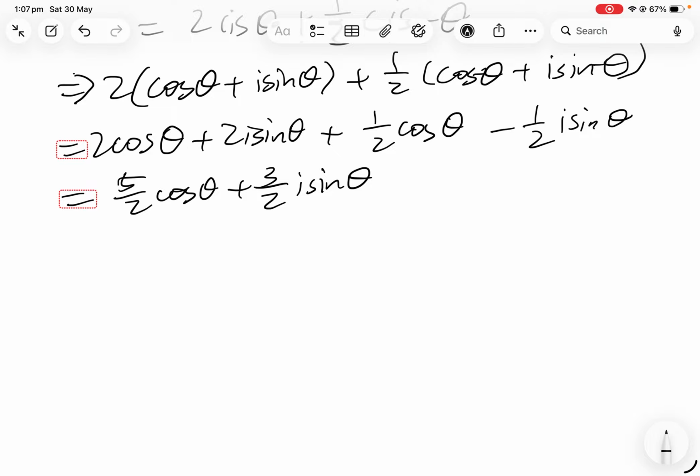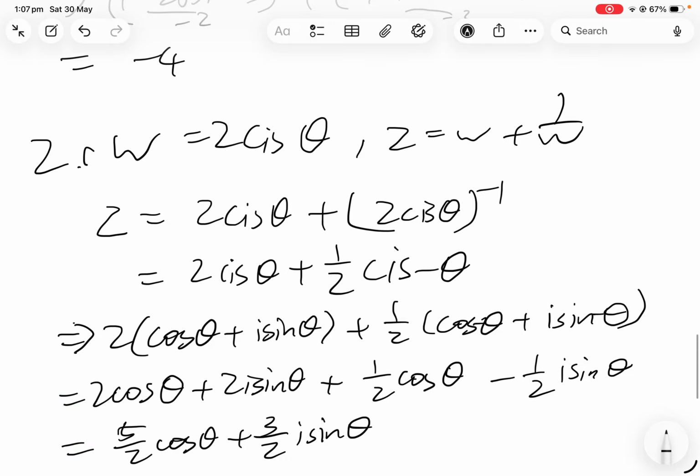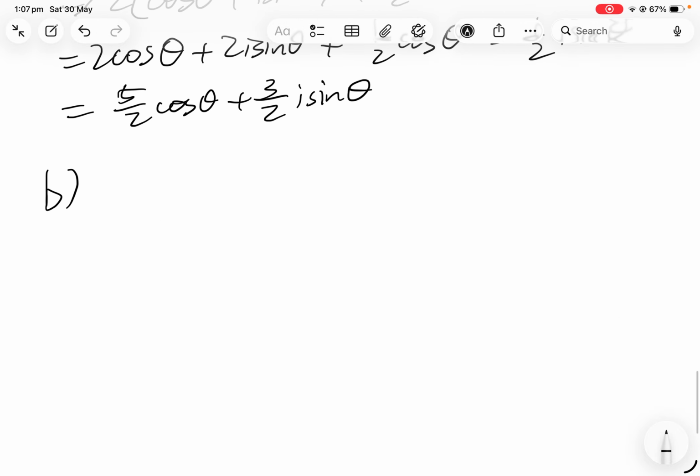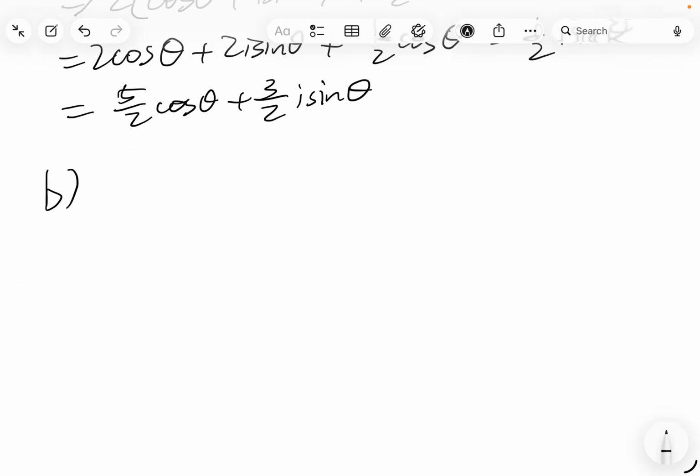Yep, it is. That's part A, and then we want to find part B. Part B says show that Z lies on the ellipse with the equation x squared over 25 plus y squared over 9 equals 1 over 4.